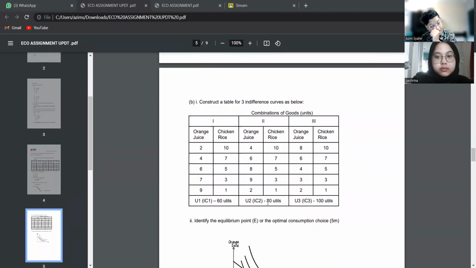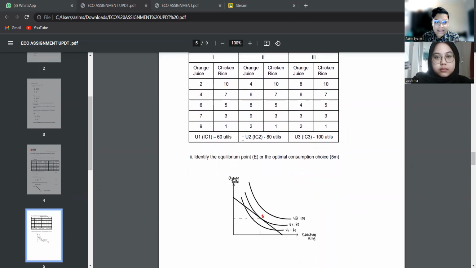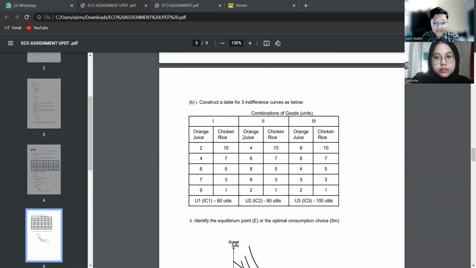As for B, construct a table for 3 indifference curves as below. The question gave us, for the first phase, 60 utils, 80 utils, and 100 utils, 1, 2, 3. As we know, the more utils they have, the more satisfaction they will gain.